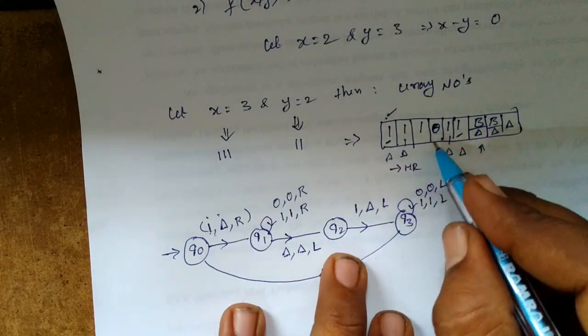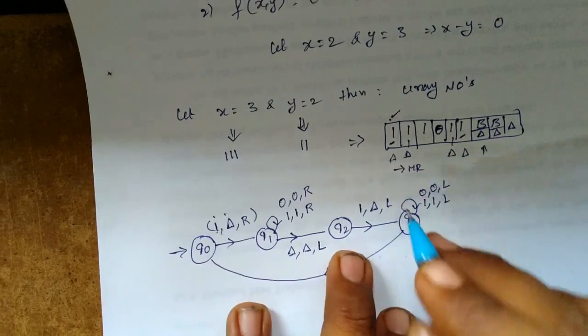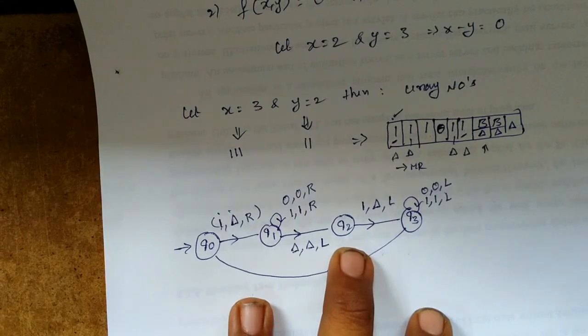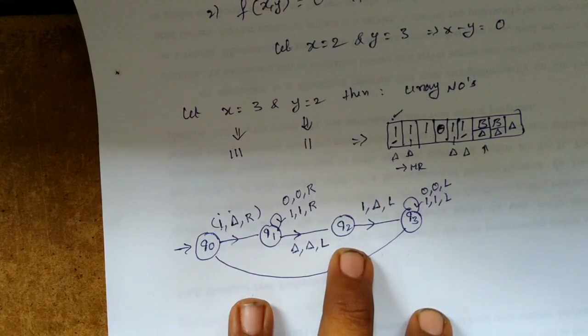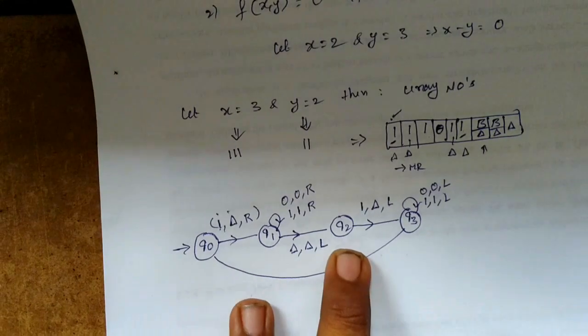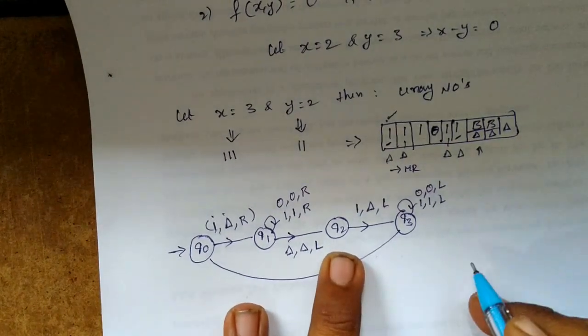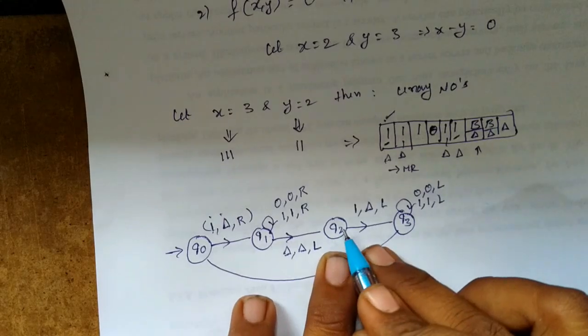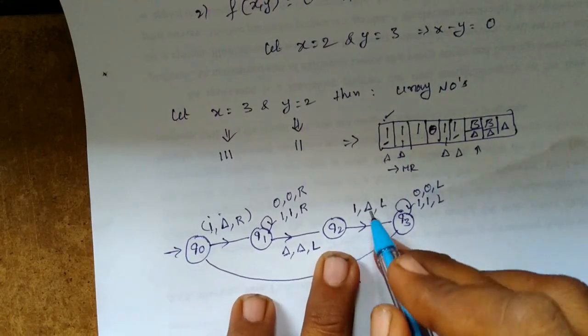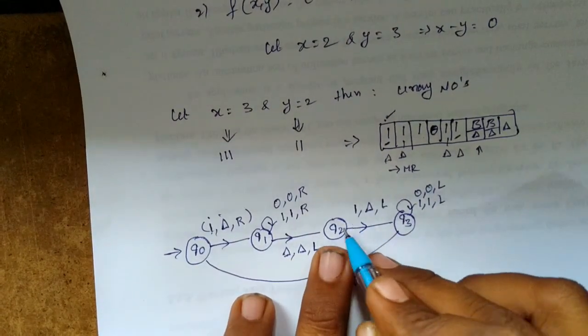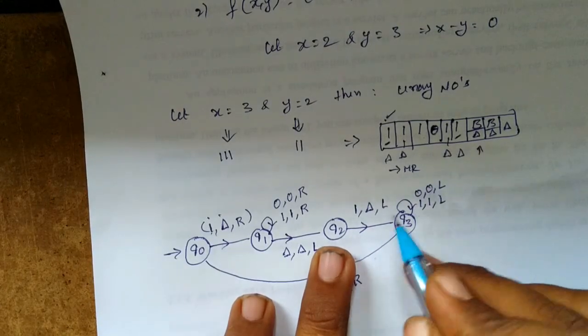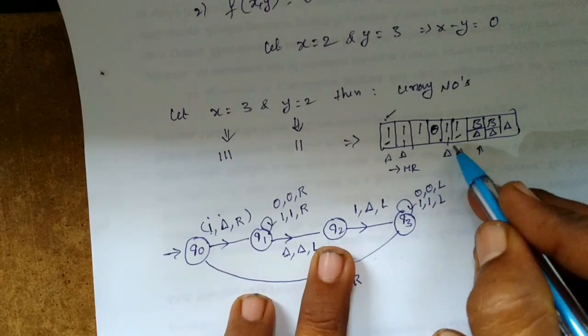So now there were no ones to perform the marking. So when we are moving left from here, there were no ones to mark as some external symbol.